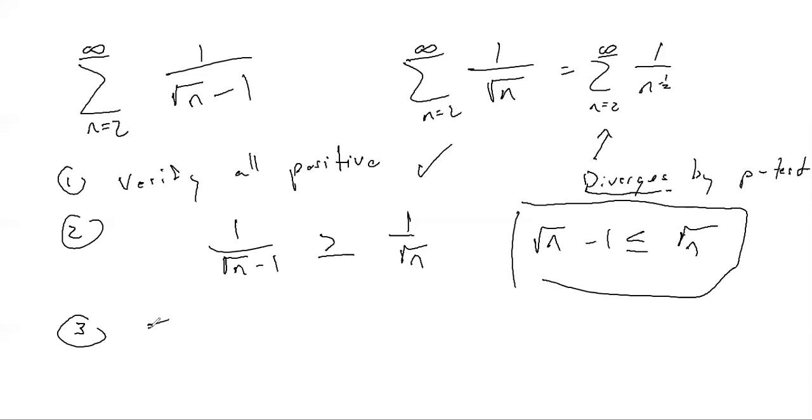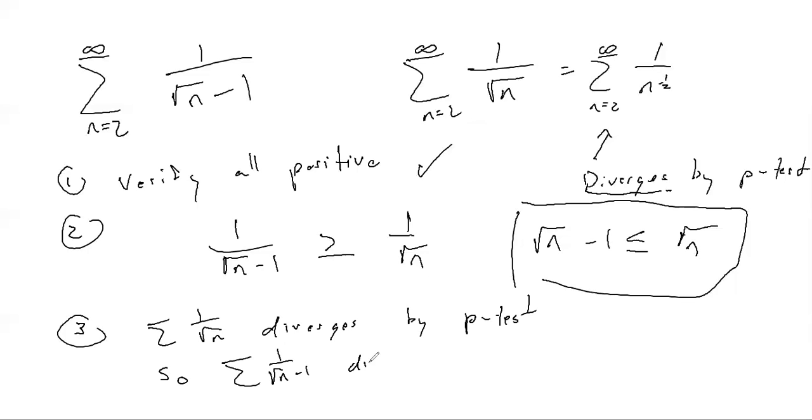So to sum up, I would say 1 over square root of n diverges by p-test. So the original series diverges by comparison test.